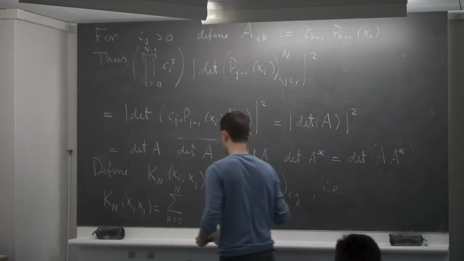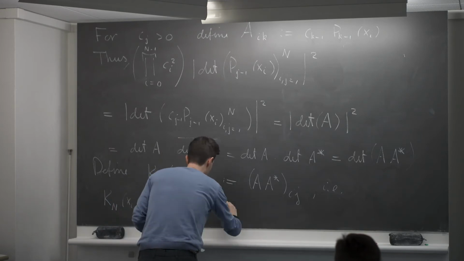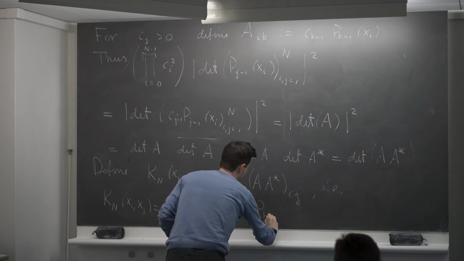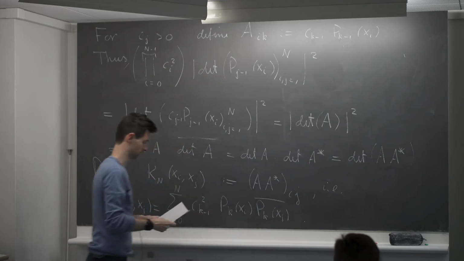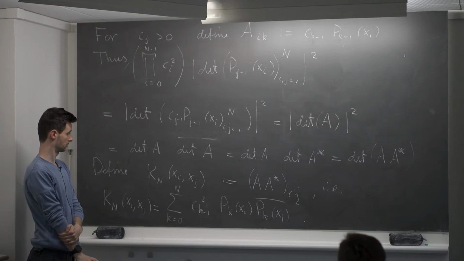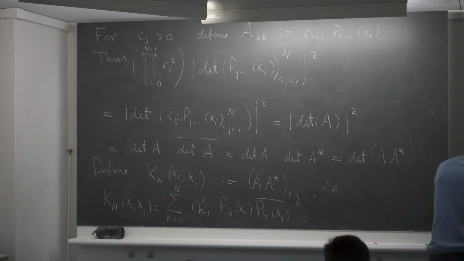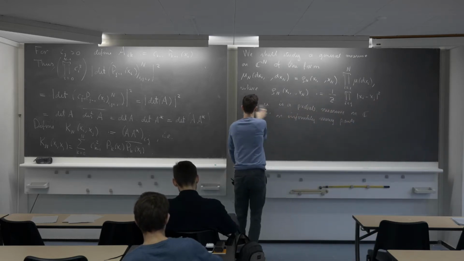So for now, I get ck minus 1 squared pk of xi, pk of xj complex conjugate. Okay, so this is just a simple calculation using these determinants. But this is the key algebraic starting point of our calculations. I would like to summarize it as follows.